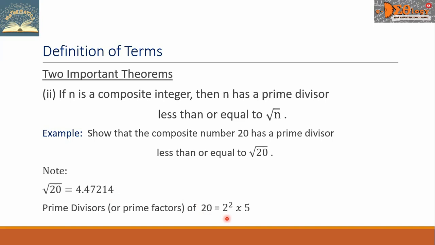And these are 2 squared times 5. To be specific, the prime factors of 20 are this number 2 with this power 2 and the integer 5. So we have this number 2 that is less than the square root of 20. So we write the number 2 is less than 4.47214.